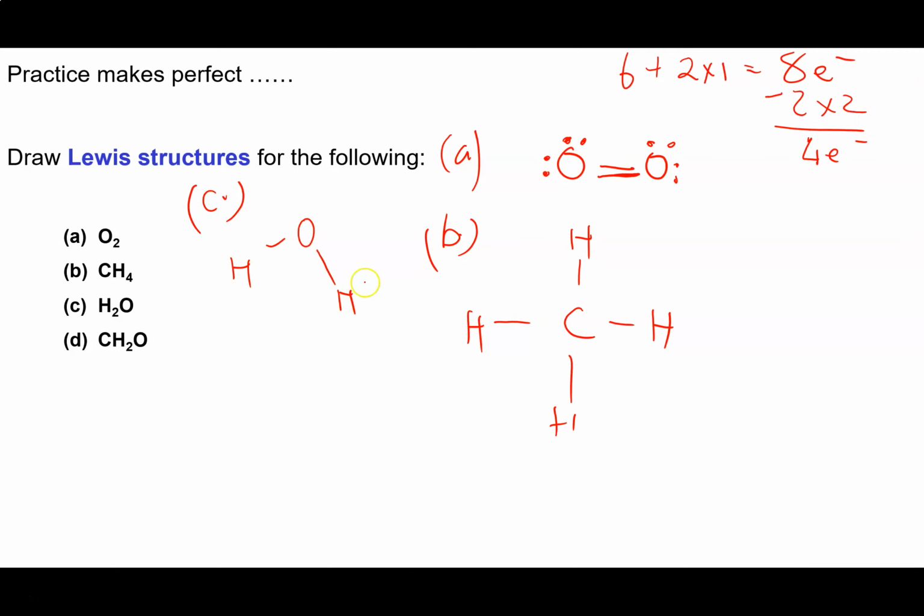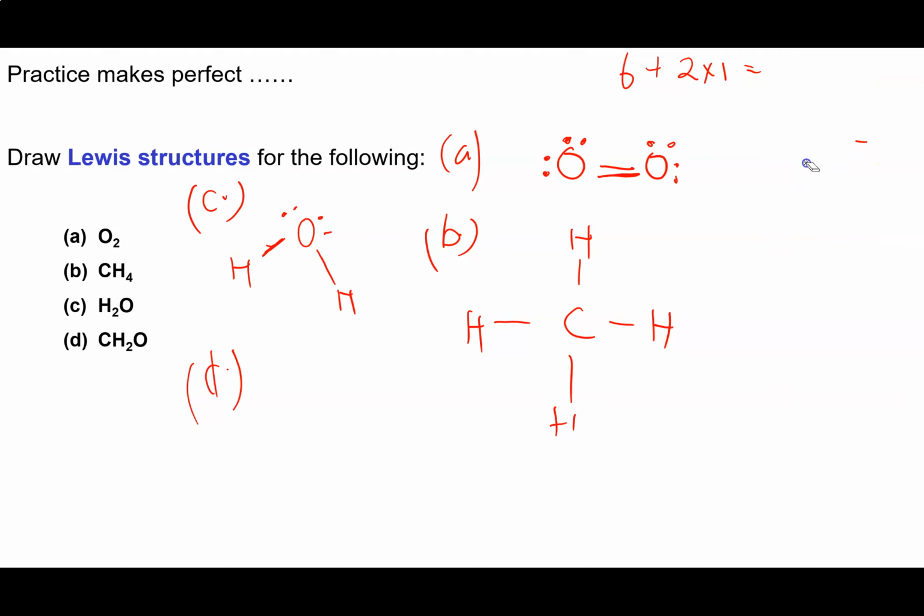The hydrogen already has its complete octet, so I can go ahead and place those electrons on that central oxygen there and take that away. And you'll see that every atom now has a complete octet. 2, 4, 6, 8. The oxygen's got 8, and the hydrogen is happy with a share of 2 electrons.